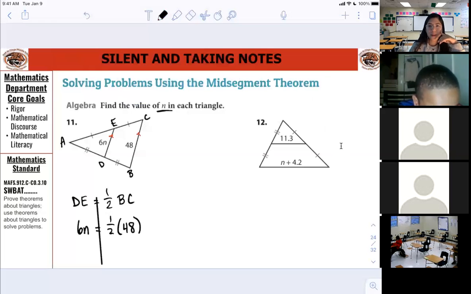I'm seeing 24. I'm seeing 4. Let's think about it, see if that changes your answer. Perla says 4. Janelli says 4. Good. How'd you guys get 4? Alejandro says 4.